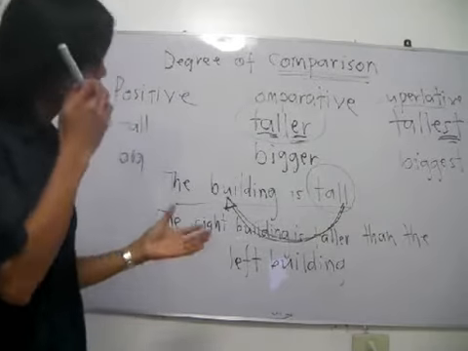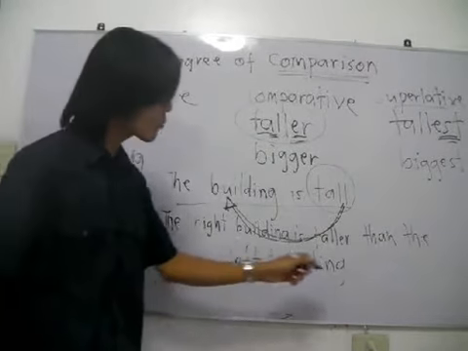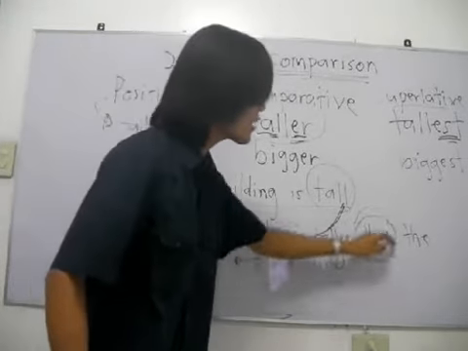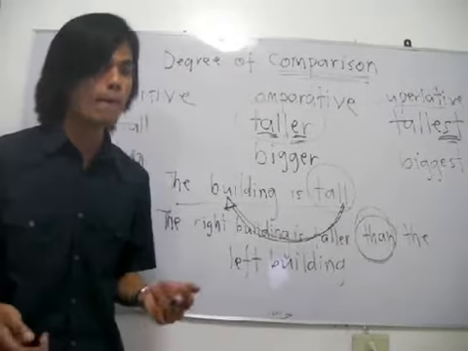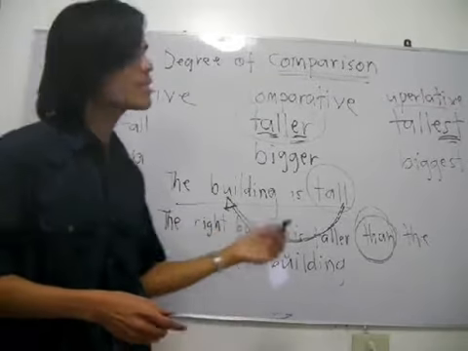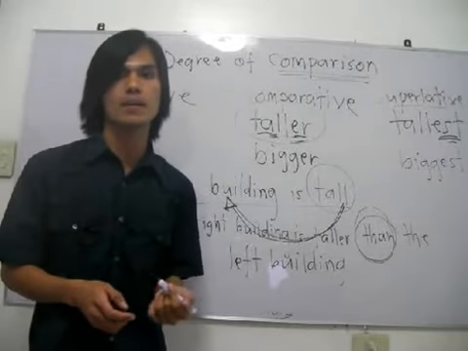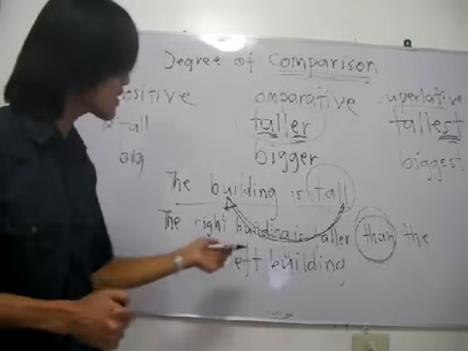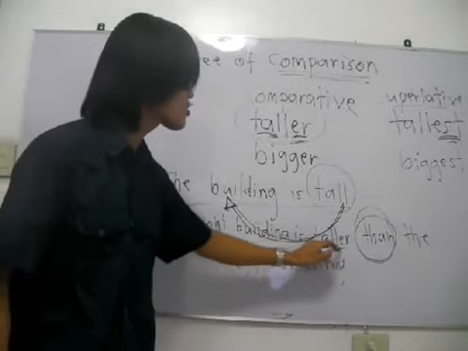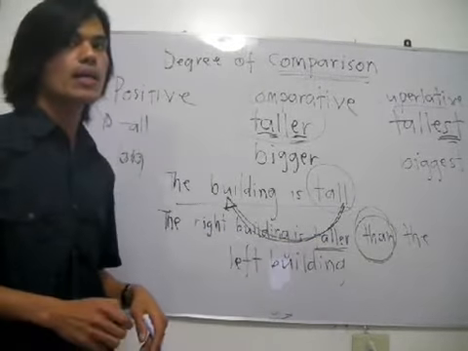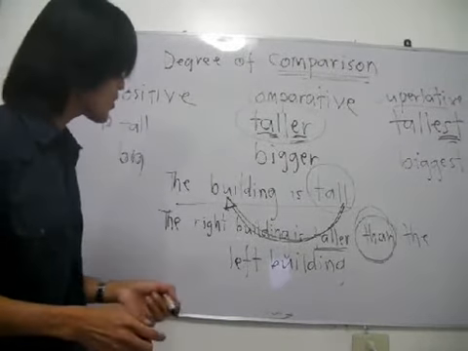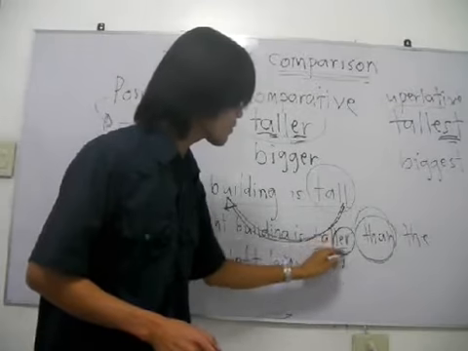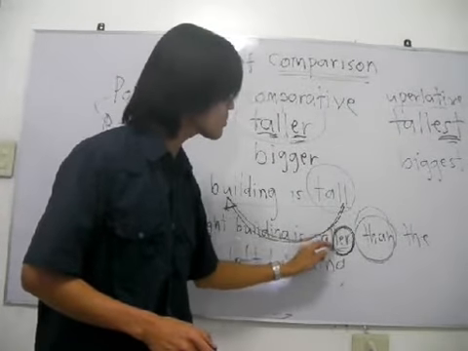Now your hint here is the word than. Okay, that is very, very important for you to know whether the sentence uses a comparative degree. Now the describing word in this sentence is taller. As we observe, we add ER here. From the word tall, it becomes taller.